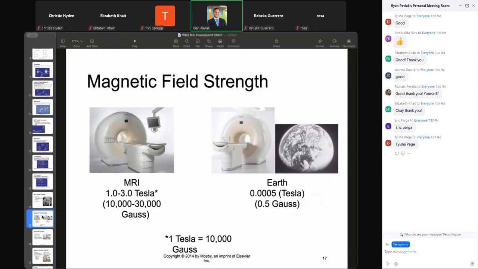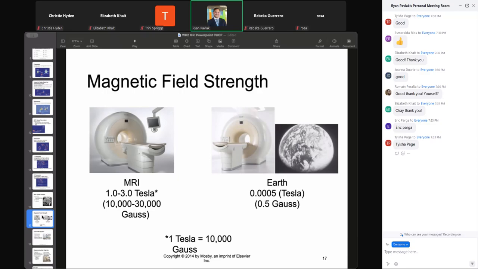Now, with the magnetic field strength, like I said, Earth has a magnetic field strength. We know that because if you're lost in the woods and you've got a compass, that compass is going to point north. You're hopefully going to be able to find your way home, right? So Earth has a magnetic field strength of 0.5 Gauss. Now, it is worth stating an MRI unit is significantly stronger than Earth's magnetic field.